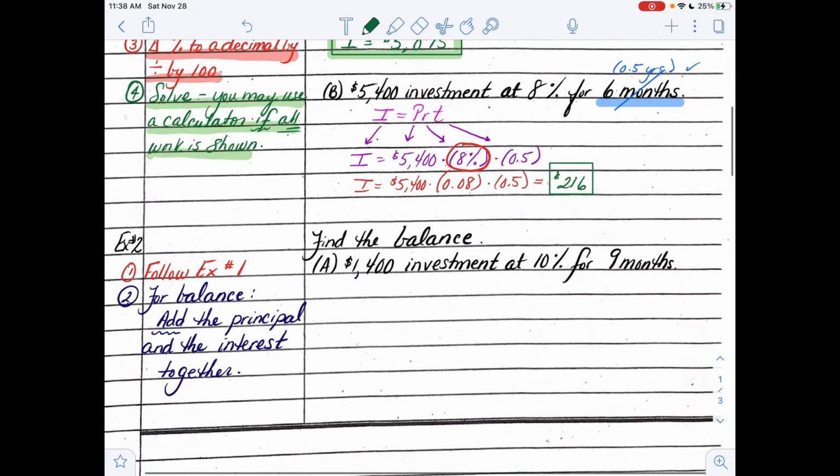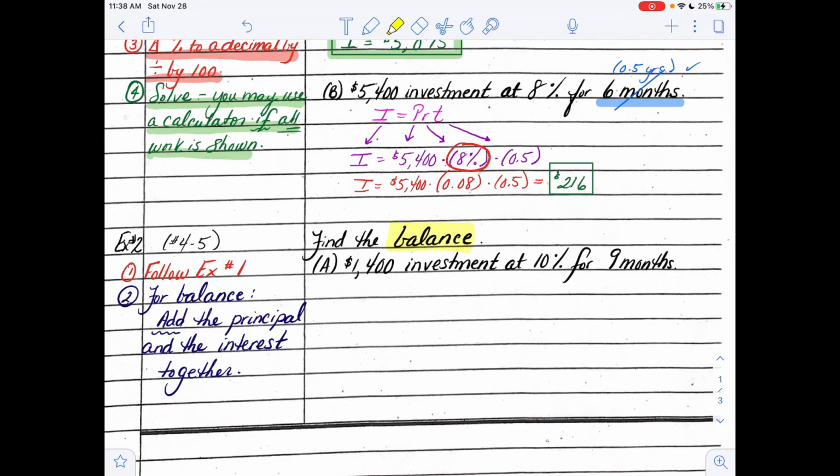So looking at example 2, we're going to be asked to find the balance. And this is where numbers 4 to 5 on the worksheet that I'm going to give you comes into play. Again, finding the balance means how much money do you actually now have? The balance.